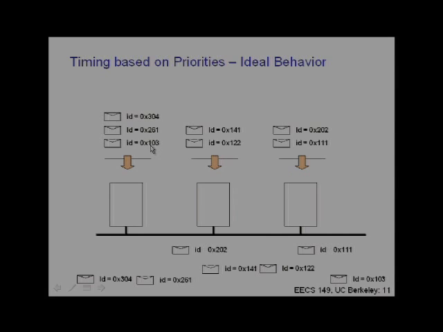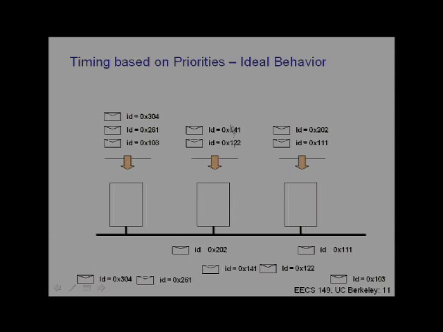And this message has higher priority than this one because you have 2 leading 1s in the beginning here and you have a 1, 0 there. So anyway, they're ordered in priority order. And likewise here also. So the lower message has higher priority in each case.